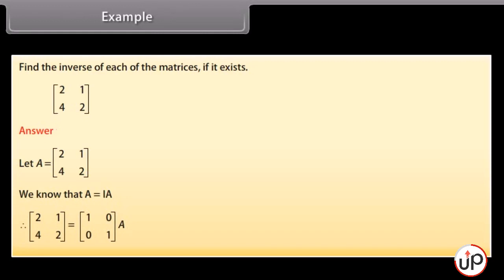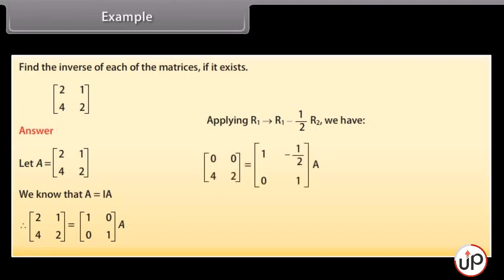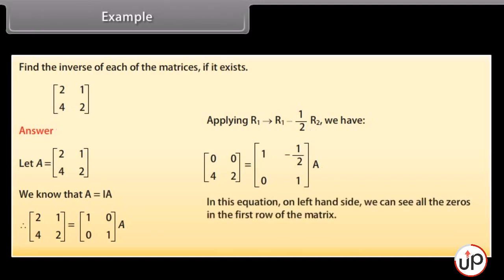Therefore, the matrix with rows [2, 1], [4, 2] is equal to the matrix with rows [1, 0], [0, 1] multiplied by A. Applying R1 changes to R1 minus 1 by 2 of R2, we have the matrix with rows [0, 0], [4, 2] is equal to the matrix with rows [1, -1/2], [0, 1] multiplied by A. In this equation, on the left-hand side, we can see all zeros in the first row of the matrix. Therefore, A inverse does not exist.